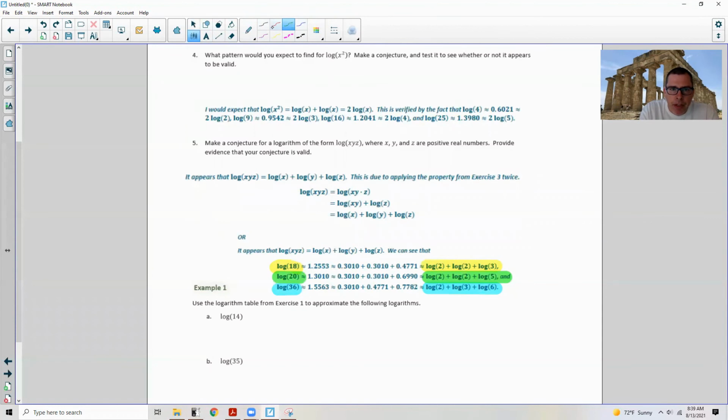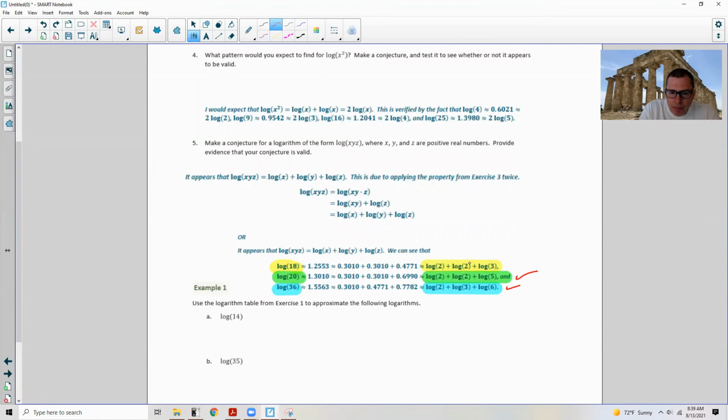When I look at this, 2 times 2 is 4 times 5 is 20. That's okay. 2 times 3 is 6 times 6 is 36. Perfect, because that's the property we just discovered. But 2 times 2 is 4 times 3 is 12.